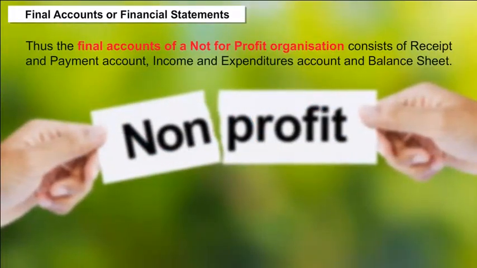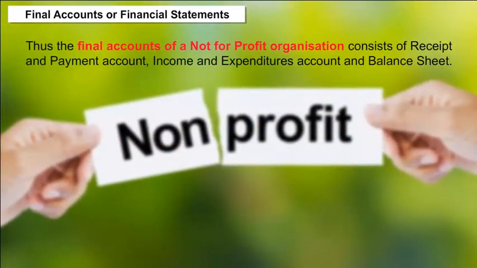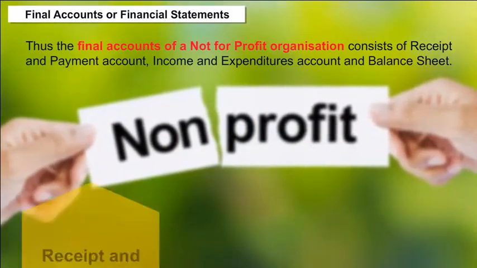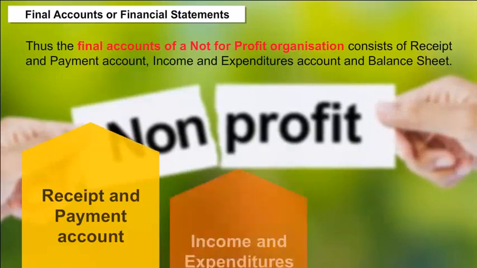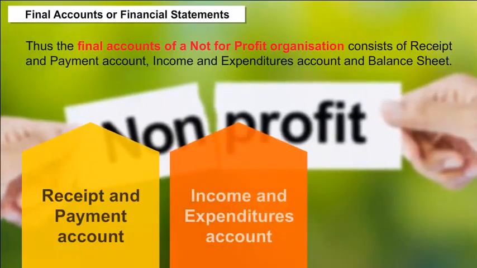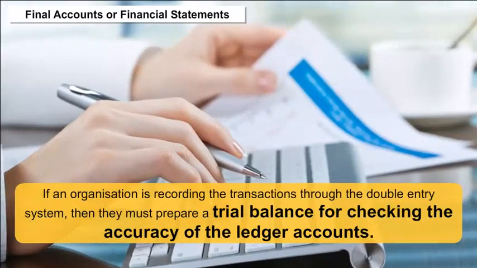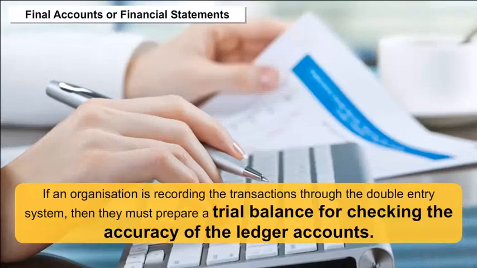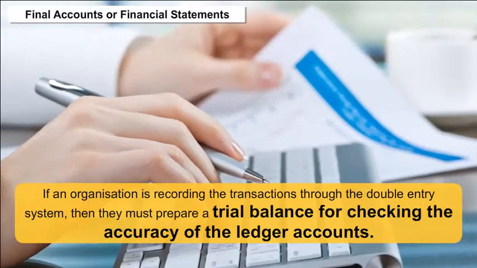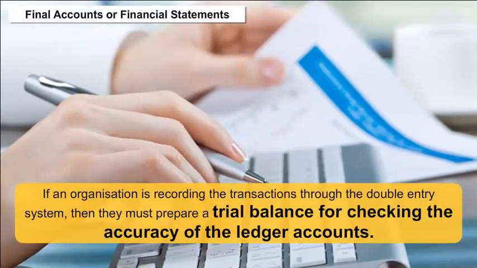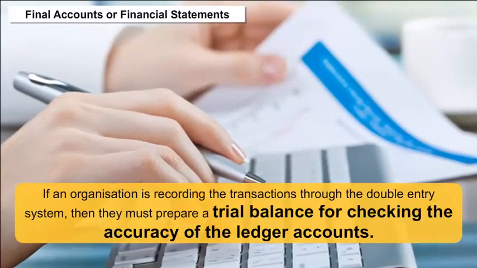Thus, the final accounts of a not-for-profit organization consist of the receipt and payment account, income and expenditure account, and balance sheet. If an organization is recording the transactions through the double entry system, then they must prepare a trial balance for checking the accuracy of the ledger accounts.